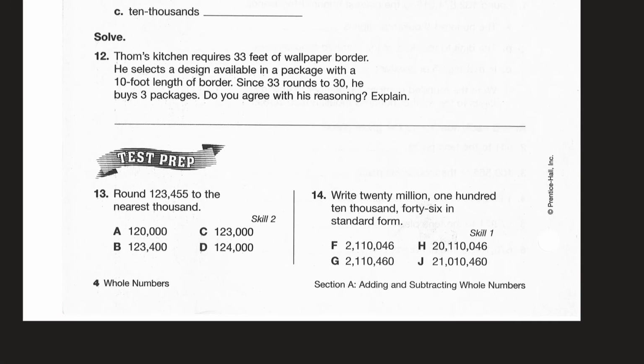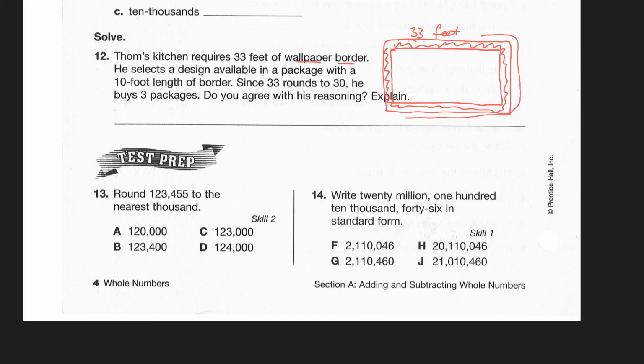So he has a kitchen, and the kitchen has walls. So here's his kitchen, and he has a wallpaper border. That means on the wall he has a border like this. And this is what he's going to cover on the wall, and that's supposed to be 33 feet all the way around.